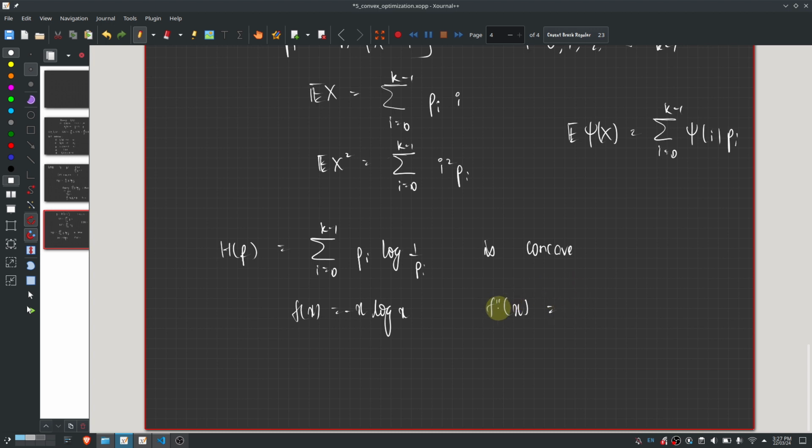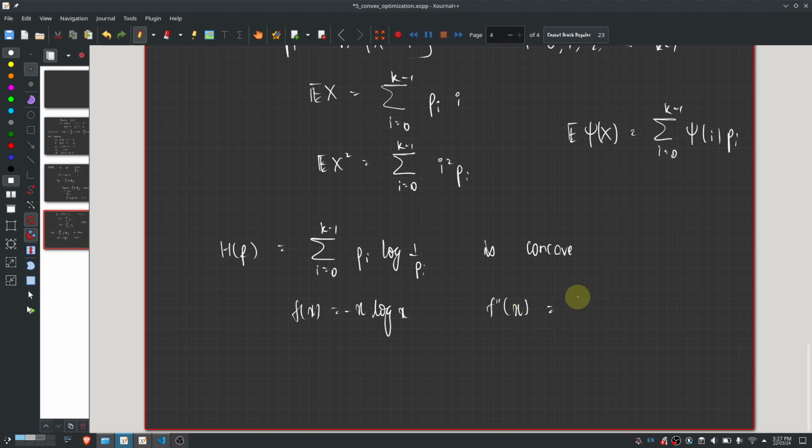Correct. So the first derivative is going to be, again, I'll assume that log is with respect to base e, just to avoid some unnecessary constants. So the first derivative will just be minus of log x plus 1. The second derivative will be equal to 0 plus or minus 1 by x square.